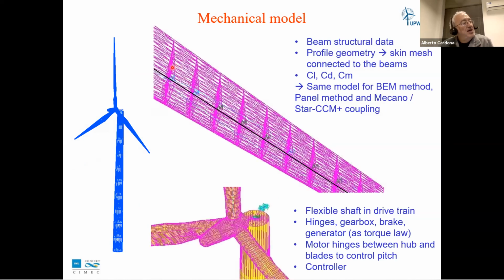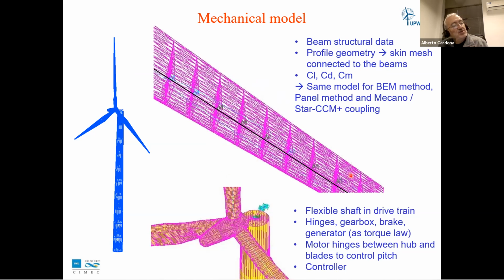The blades, as I said, are modeled as beams. Here in black, we may see the beam, and supported on this beam by using rigid elements, we describe the profile, the scheme.